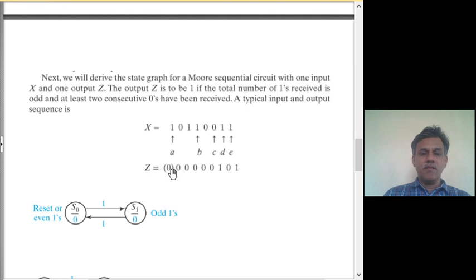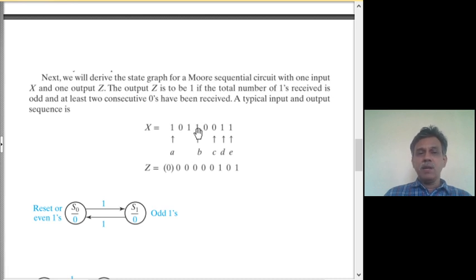So that is why we have written this 0, which tells how the machine should respond one clock period later. Now there is again 0, okay, it is still odd, 1, now it has become even, but until then we have to keep on producing zeros.